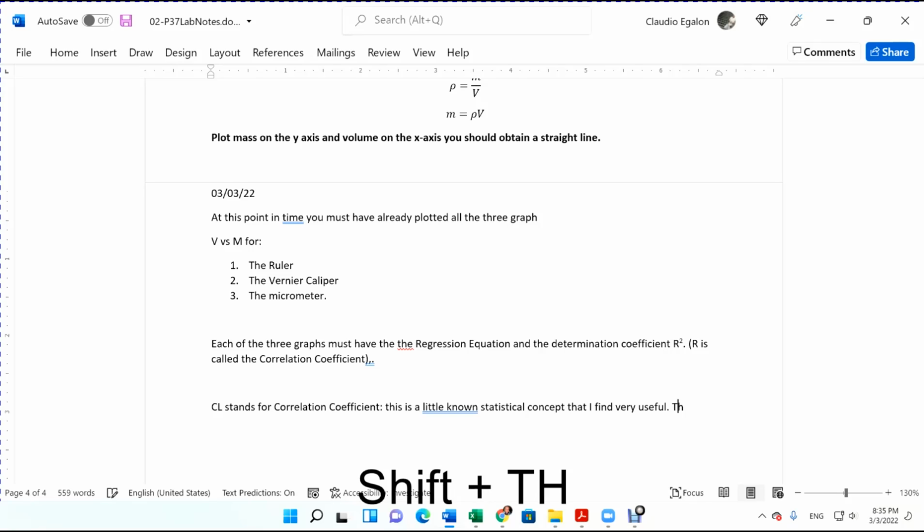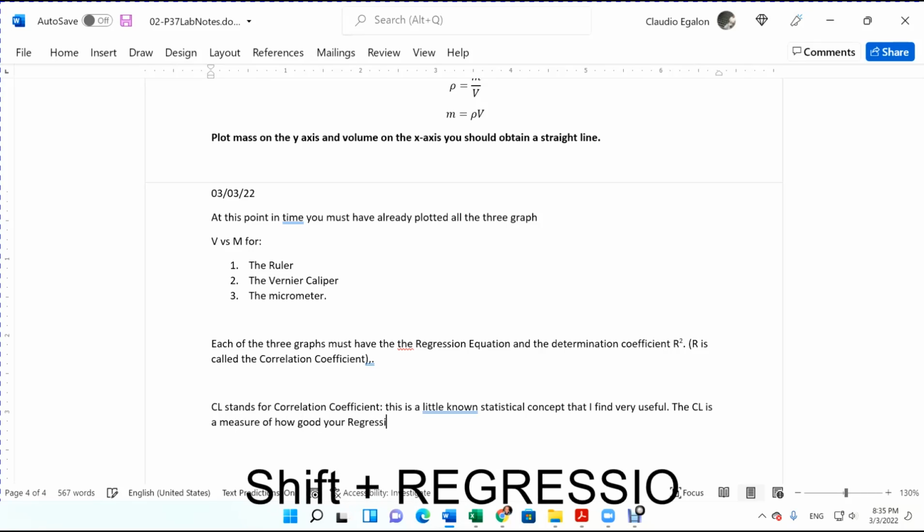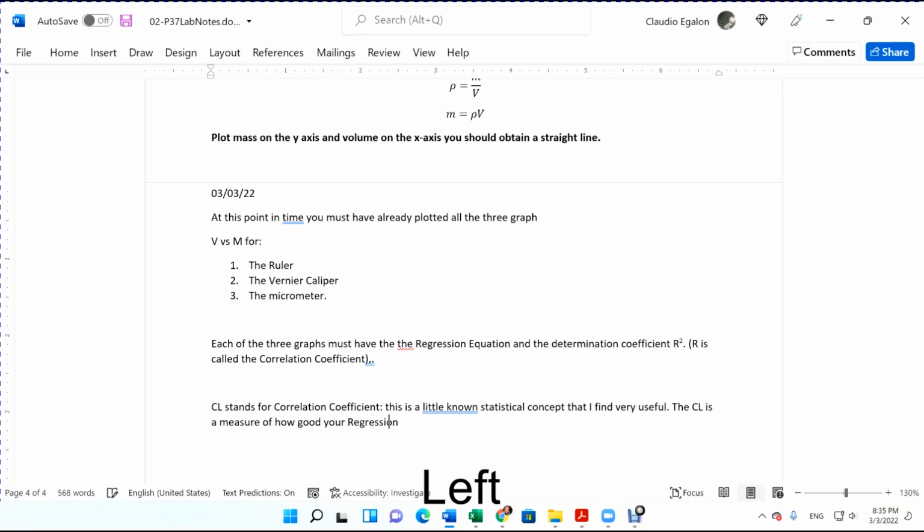The CL is a measure of how good your regression, how close, not good, but how close your regression equation is to your experimental data points.